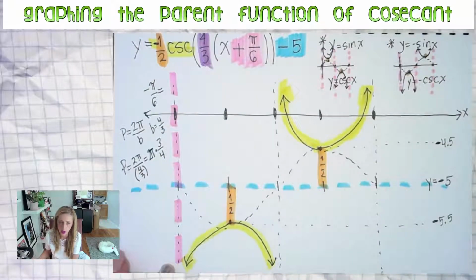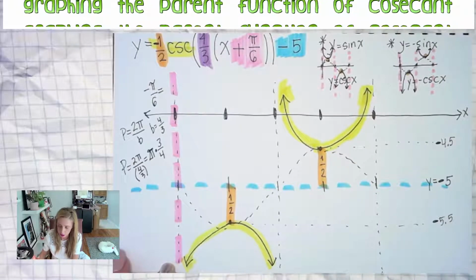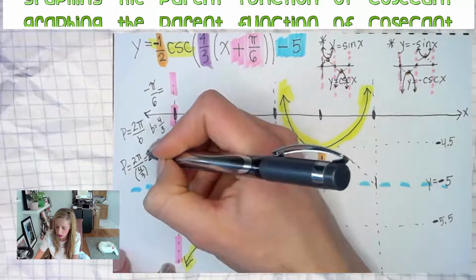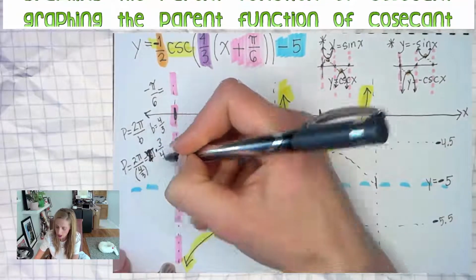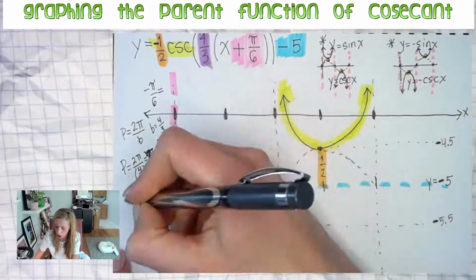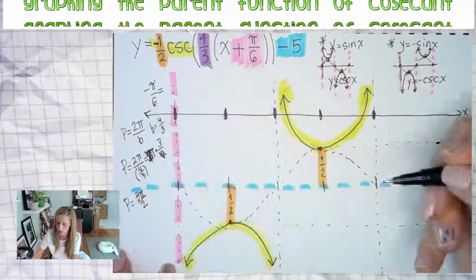Think smarter, not harder, reduce first. So the 2 and the 4 become a 1 and a 2. 1 pi times 3 over 2. The period is 3 pi over 2.